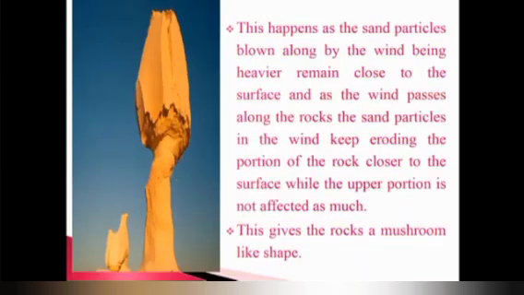This happens as the sand particles blown along by the wind, being heavier, remain close to the surface, and as the wind passes along the rocks, the sand particles keep eroding the portion of the rock closer to the surface, while the upper portion is not affected as much.